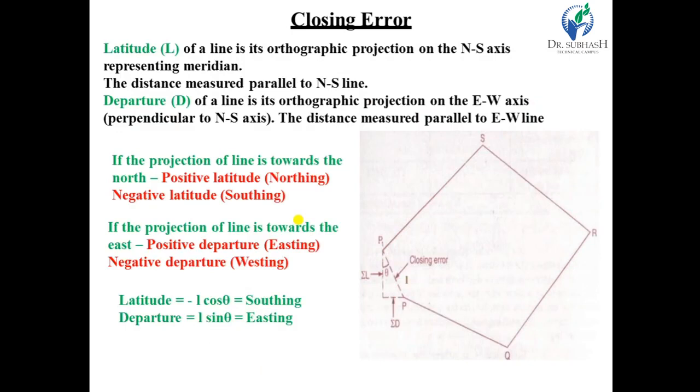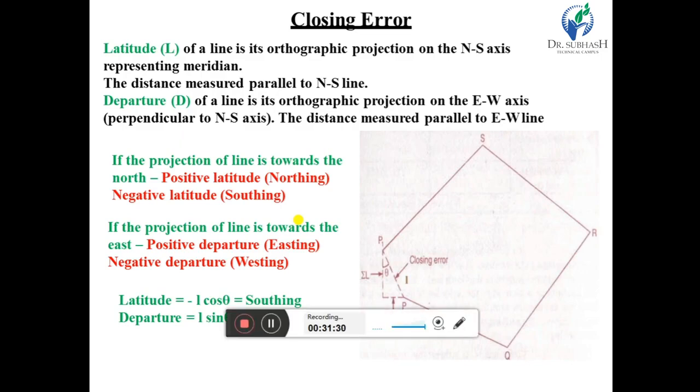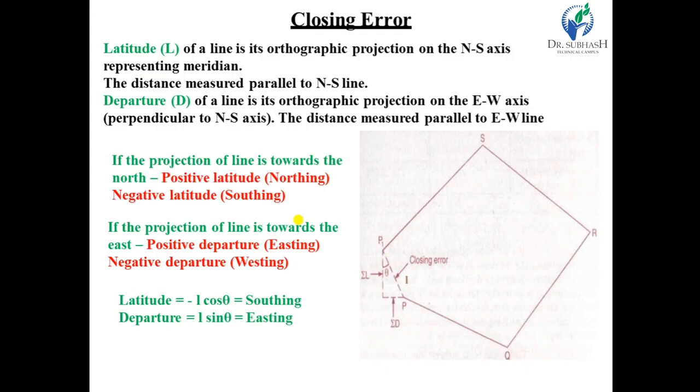Latitude L of a line is its orthographic projection on the NS axis representing the meridian, the distance measured parallel to the NS line. The departure of a line is its orthographic projection on the east-west axis, perpendicular to the north-south axis, the distance measured parallel to the east-west line.